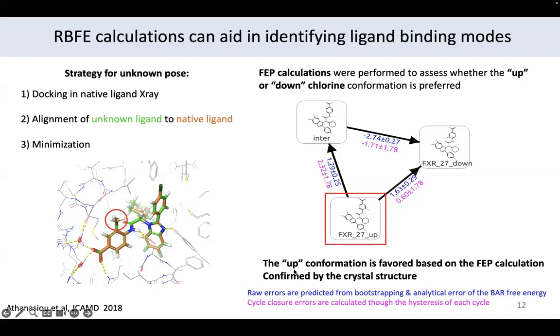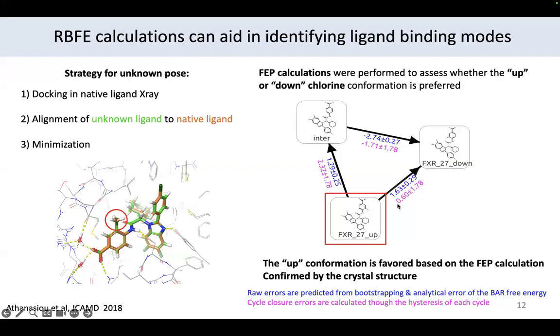The calculations showed that we have two ortho possibilities, because in reality, ortho is of course equivalent in solution, but in the protein it's not equivalent because there are different interactions here and different interactions here. So one of the two ortho positions is preferred. We did a calculation between this ortho position and the other, and to close the cycle, without any chlorine in the ligand.